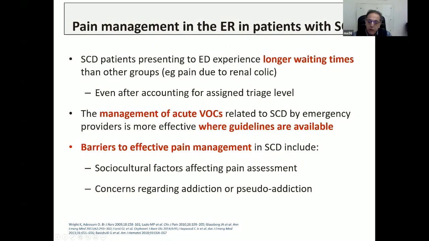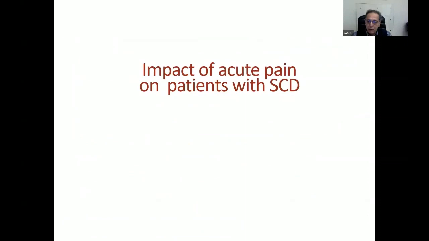These include socio-cultural factors affecting pain assessment and concerns, usually misplaced, that the hospital staff may have regarding addiction and pseudo-addiction. Now, having said that, what about the impact of acute pain on patients with sickle cell?